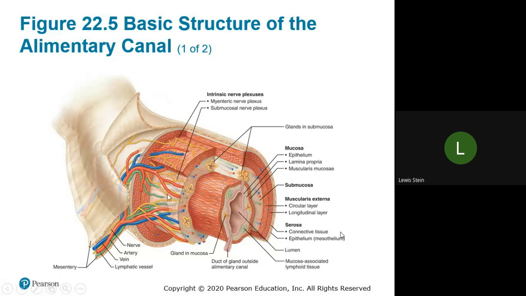It has a nerve supply that's part of the submucosa to control all of these activities, and has a nerve supply here that controls the activity of what's called the muscularis externa, my enteric nerve plexus, and as you can see down here, in the submucosa they have yet another, a submucosal nerve plexus. Interestingly enough, you can see the abundance of blood vessels. It doesn't require oversight. The sympathetic nervous system can slow it down.